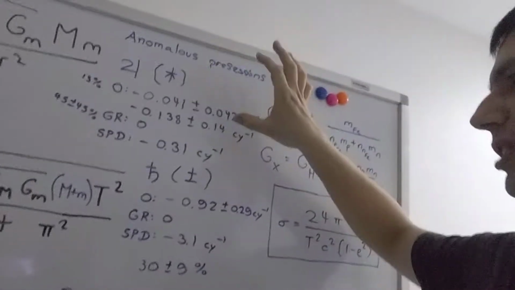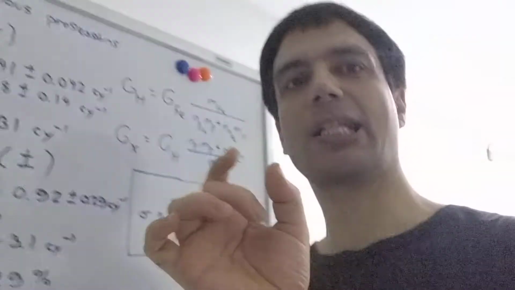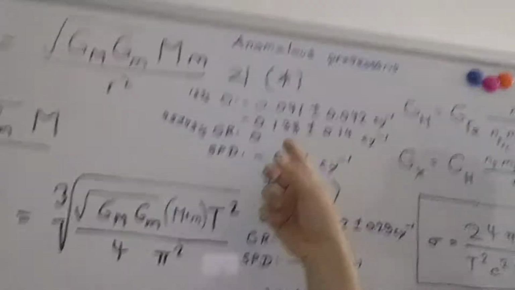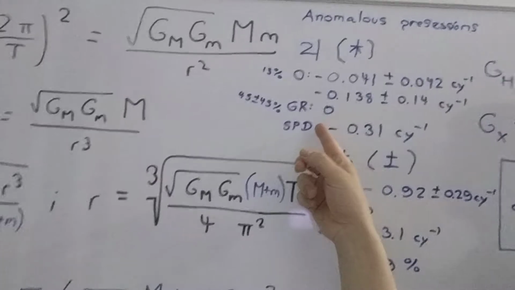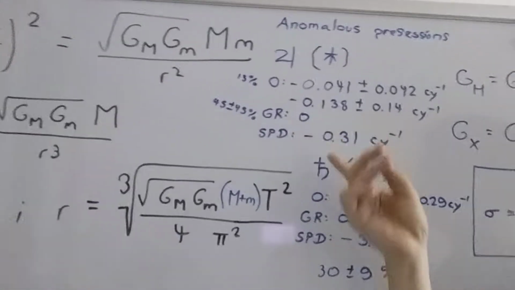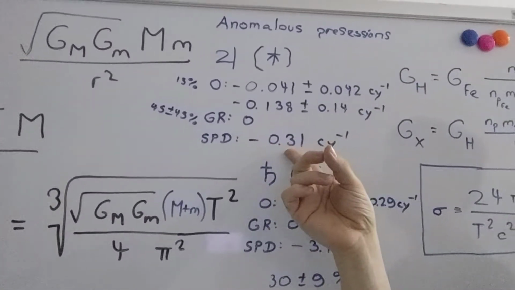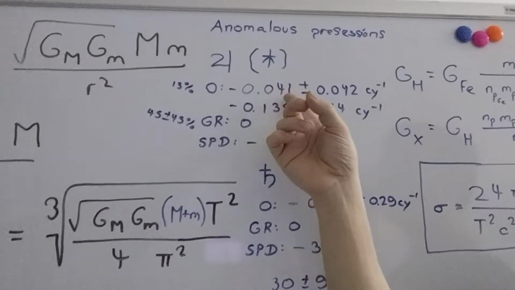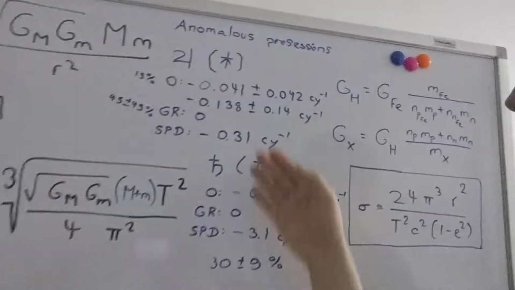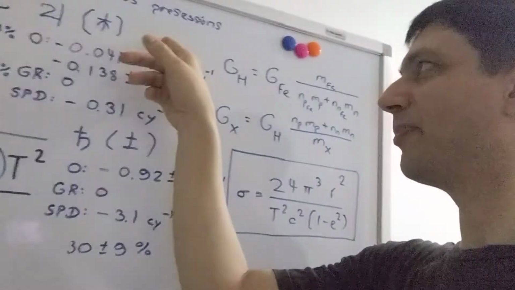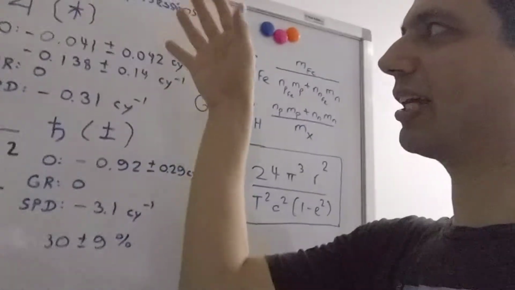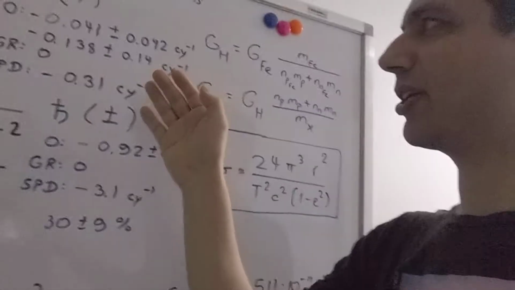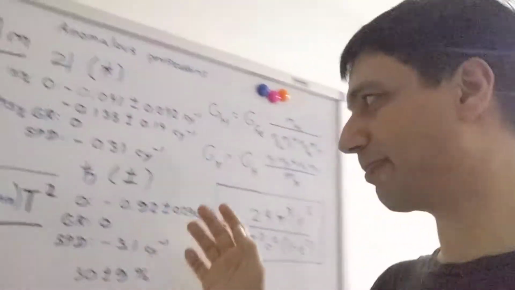So here what I wrote down is not the full precession, but only the part that is unexplained by Einstein's general relativity. So here you see GR 0 means it doesn't predict it, and here SPD minus 0.3. The observed one is 0.04, but we could argue that at the point when the Jupiter anomaly was reported, the computer models were already adjusted to some degree, so that the anomaly is partly removed.